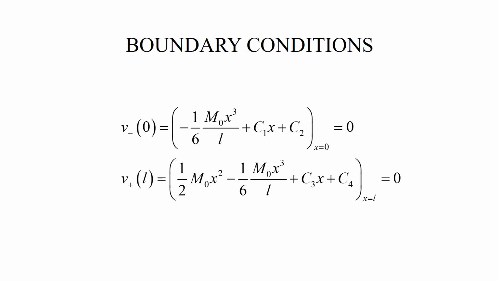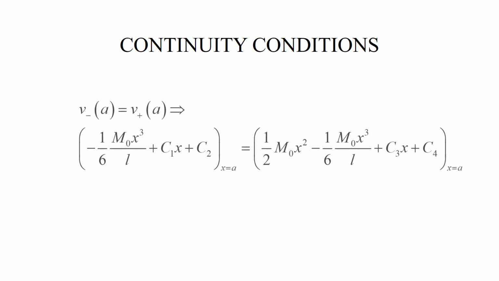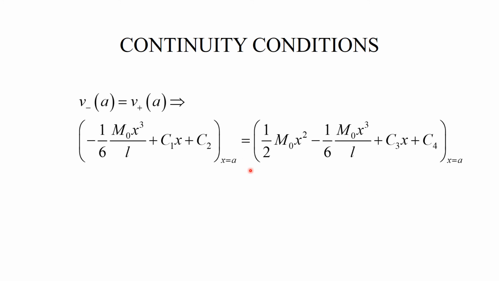Now let me proceed with the continuity conditions. I start with the condition that v minus and v plus at A are the same. So that's the expression for v minus. I evaluate at x equal to A. That's the expression for v plus. Evaluate at x equal to A. And that gives me the third equation.